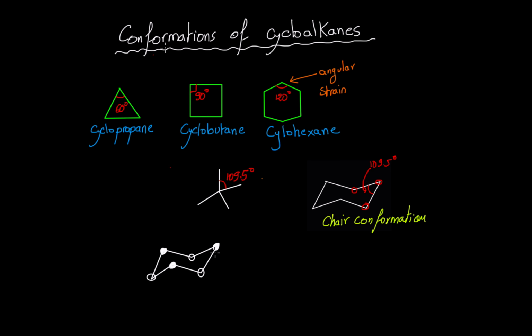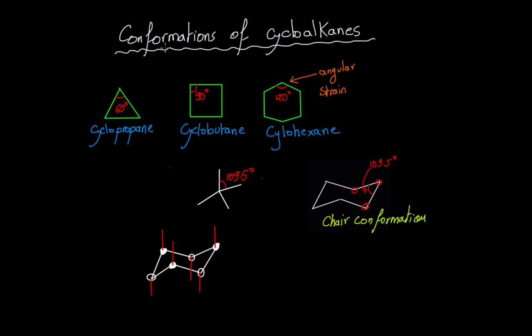For axial bonds, on the up carbons, the axial bonds are facing up. So then we will draw them. Axial bonds are vertical bonds. So on the up carbons, they will be facing up. On the down carbons, they will be facing down, as you can see in here.